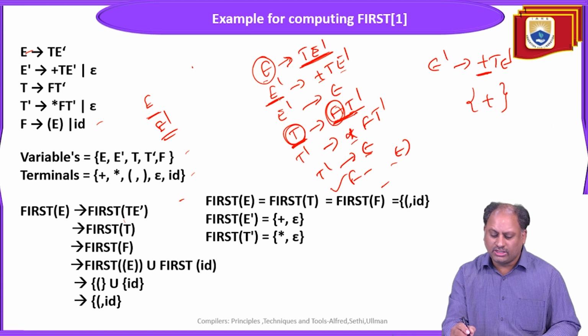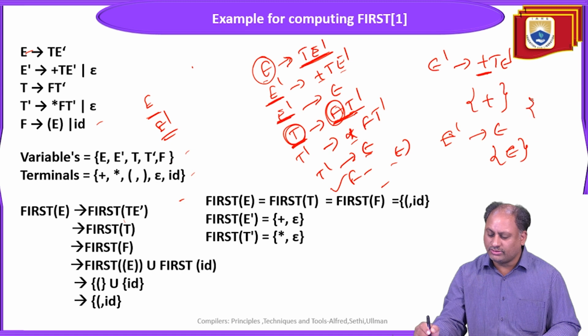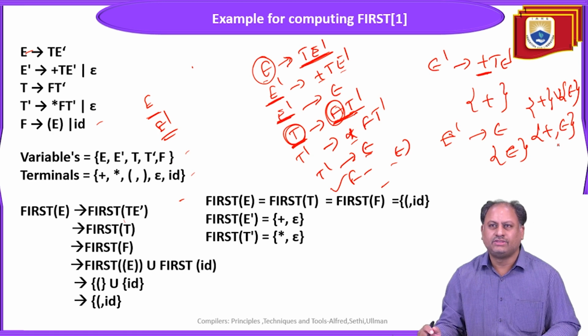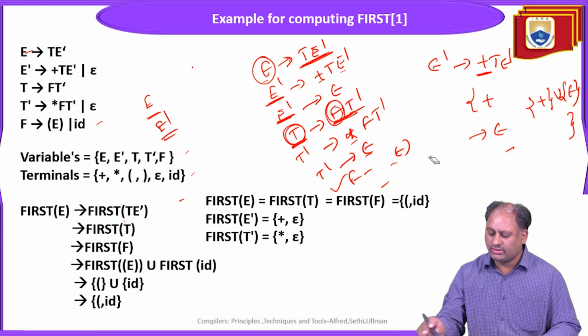And any other E dash appears? You see one more E dash also appears. What does E dash contain? Epsilon. So the result contains epsilon. So these two values, plus union epsilon, we are getting the two things: plus, epsilon. That is the result of first of E dash.